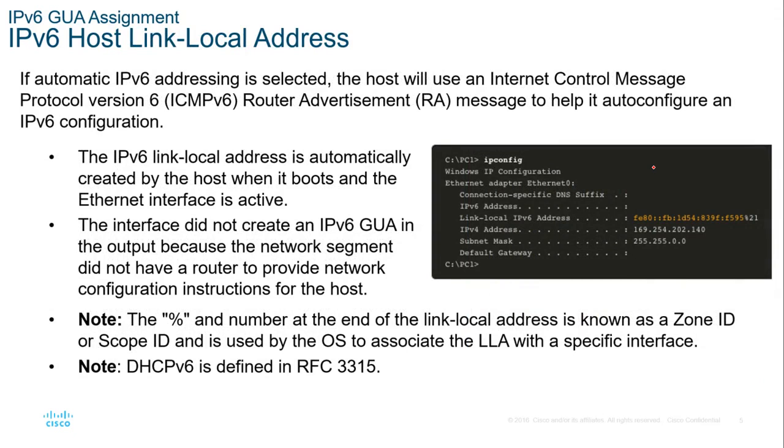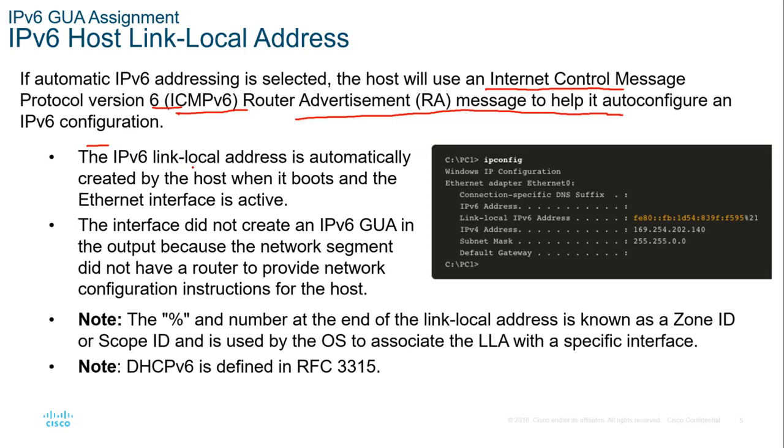So we have the IPv6 host link local address. If automatic IPv6 addressing is selected, then the host will use an Internet Control Message Protocol version 6, that is ICMPv6, Router Advertisement message to help it auto configure an IPv6 address.